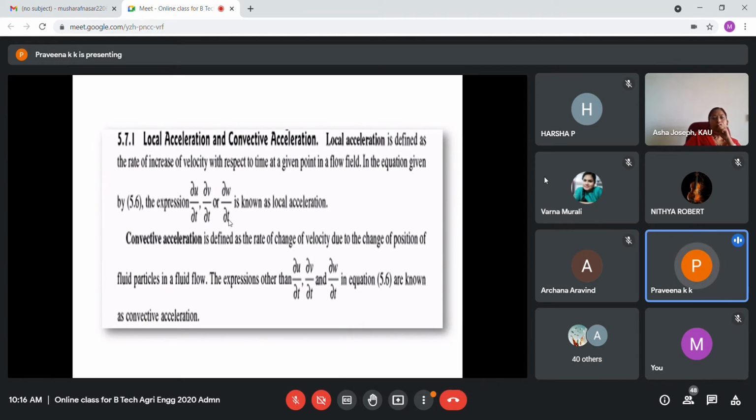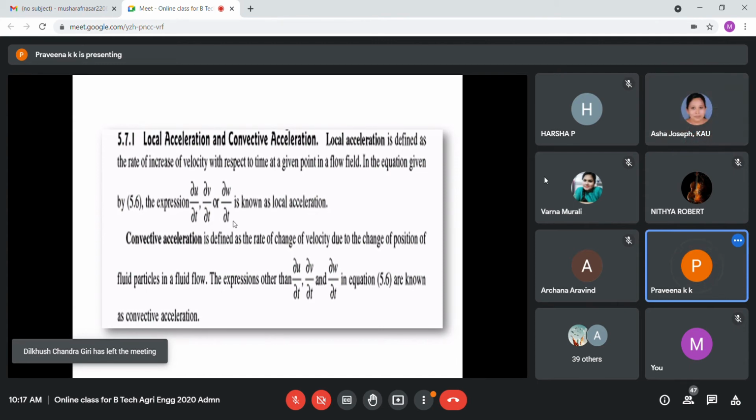So the local acceleration is the rate of increase of velocity with respect to time at a given point in a flow field. Then convective acceleration is the rate of change of velocity due to the change of position of fluid particles in a fluid flow.